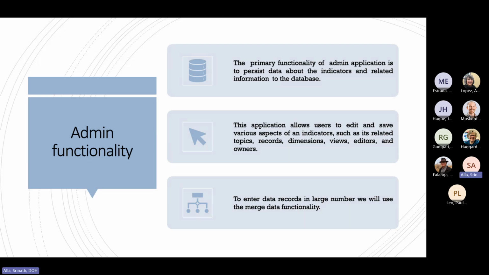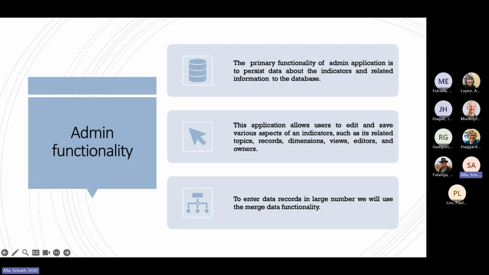This application allows users to edit and save. These are the various options: they can edit the related topics, and they can edit the indicator records. There are multiple views for each indicator, and they can edit those. The admin can also edit who the editors and owners are.